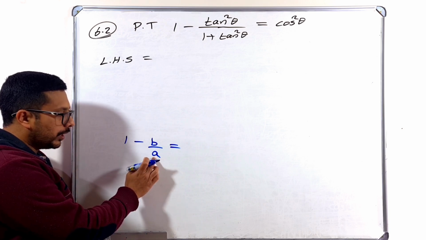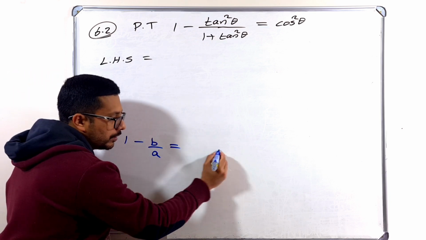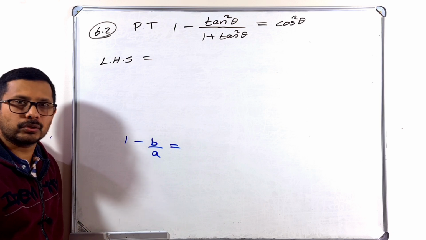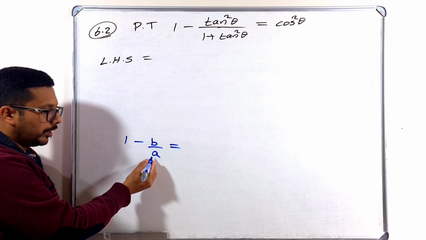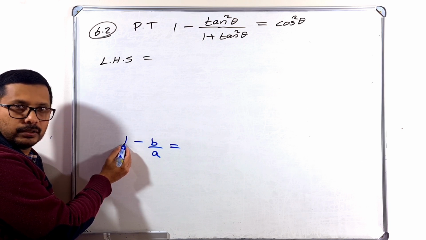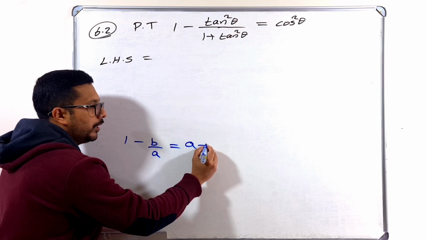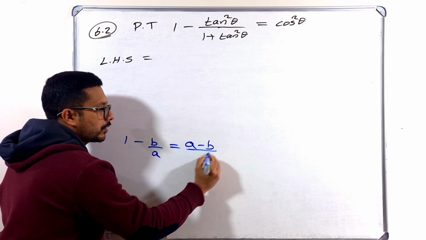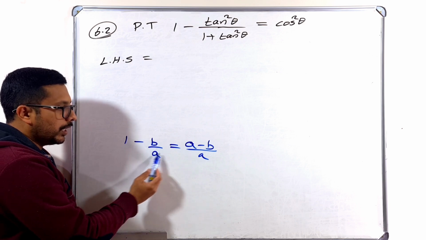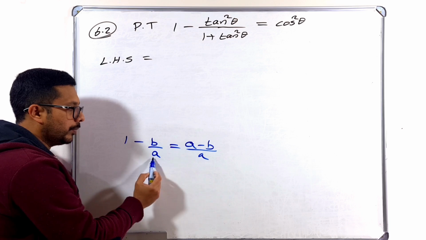As in primary school, you find the LCM like that. But a simple method, now you are in grade 12: multiply this a with 1, then minus b. That means a times 1 is a, minus this b, and you just write this a as the LCD. So 1 minus b by a is a times 1 minus b, divided by this denominator.